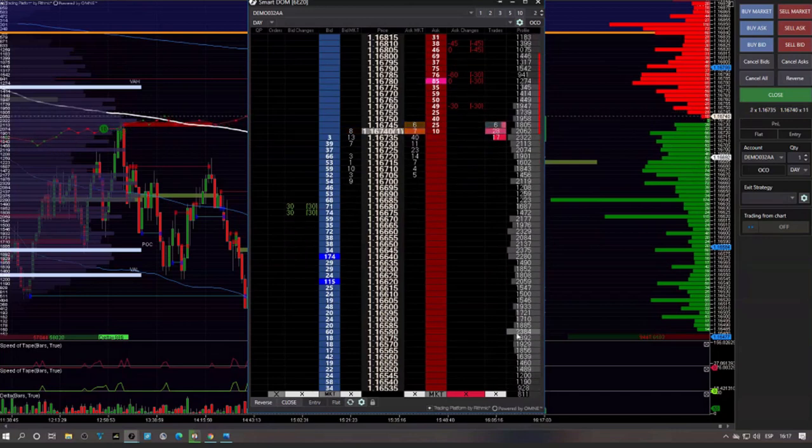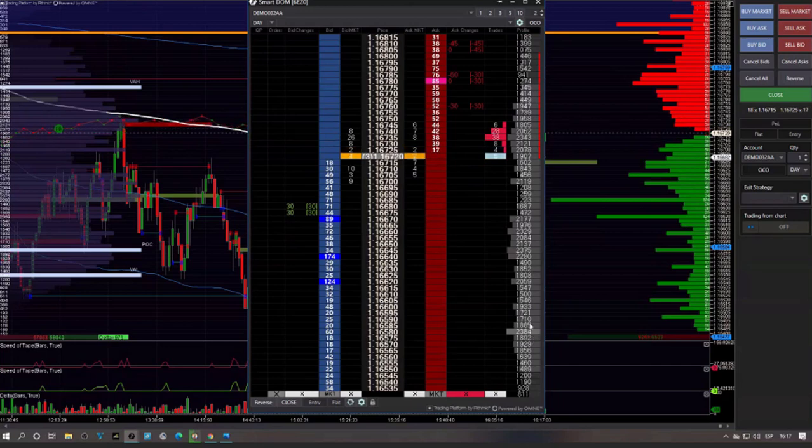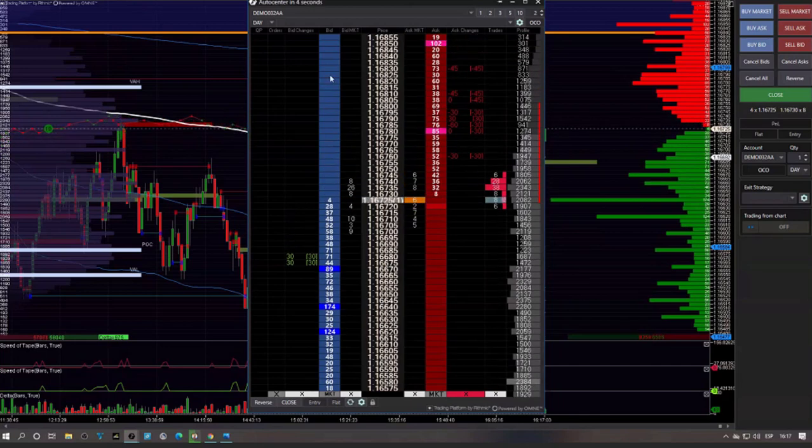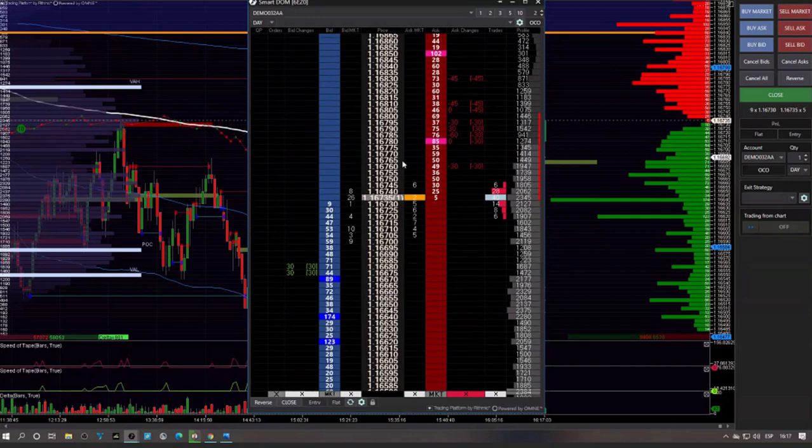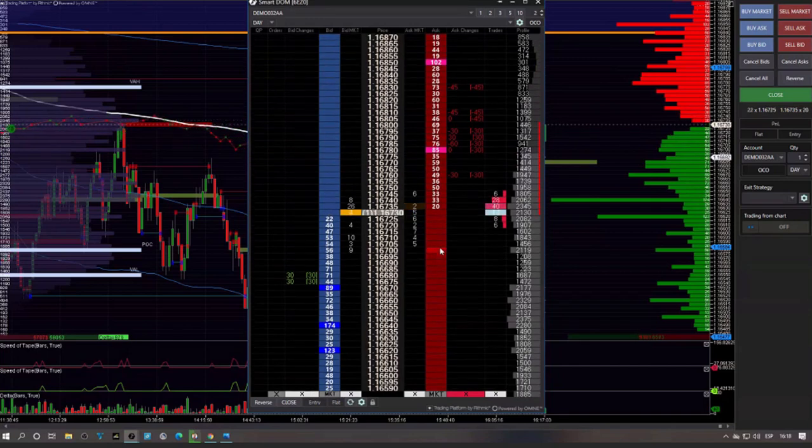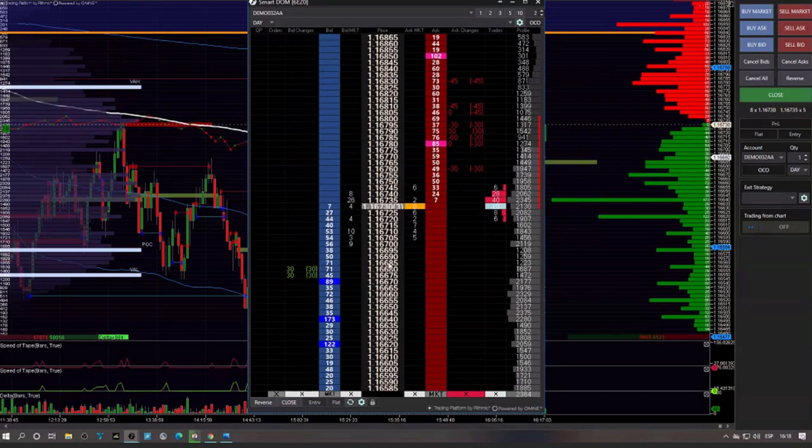This one, for example, is the point of control. It's the biggest traded price of the day, 2,384 contracts at that price. You can see the market orders being taken in real time. You can see the pending orders, and you can customize this to whatever you want.